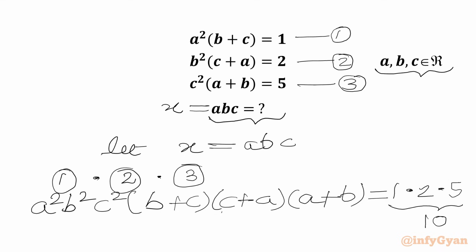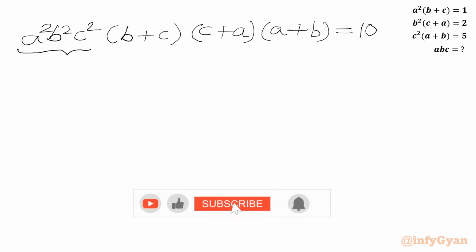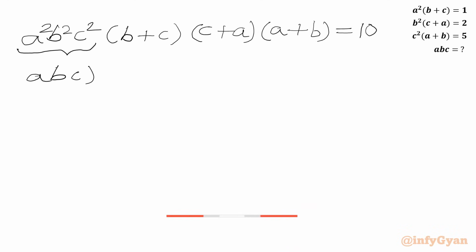Now we are going to expand or multiply these two brackets, (c plus a) times (a plus b). Let me write the equation once. Here it is. Now using the exponent law, we can write this as abc whole square, then we have (b plus c).